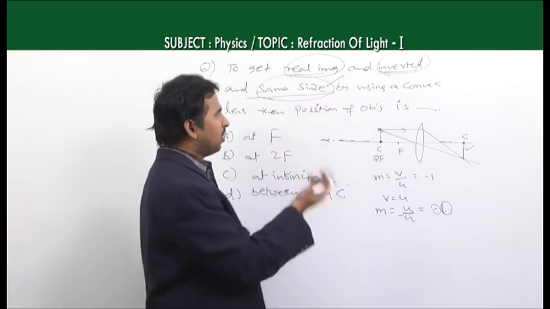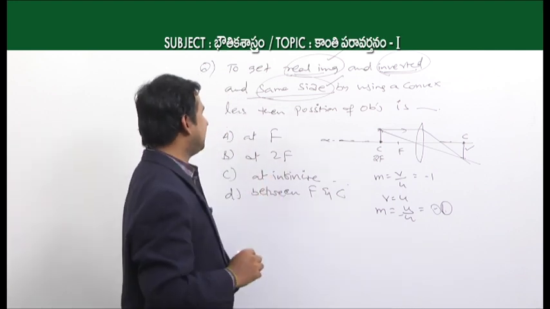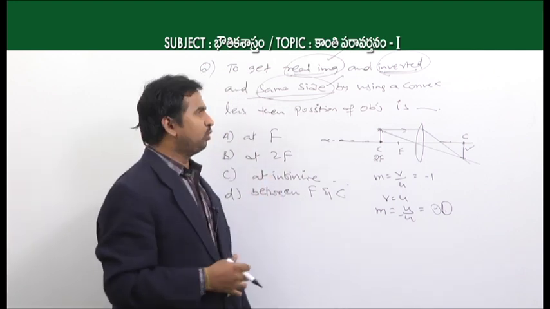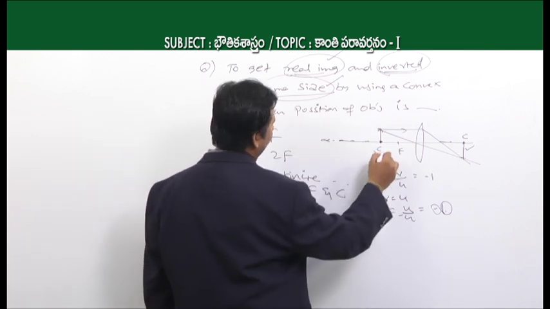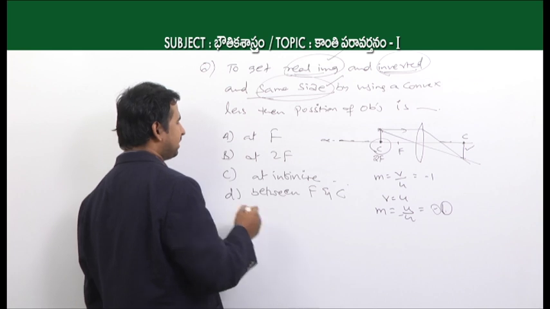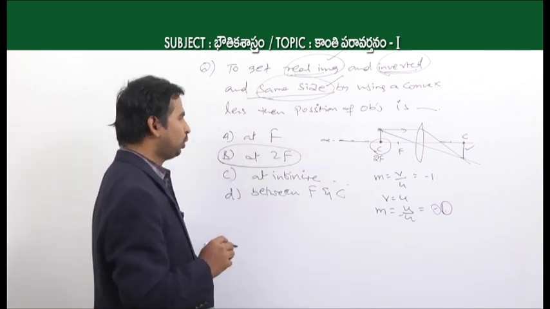And all inverted images we know are real images. So the real, inverted and same size image, when using a convex lens, is possible only when the object is placed at the center of curvature, which is nothing but option B, at 2f.